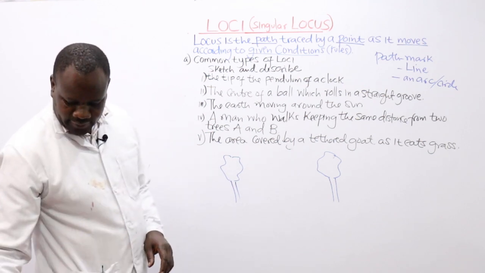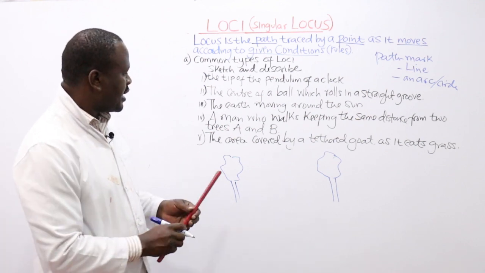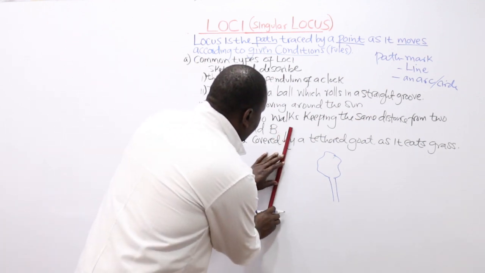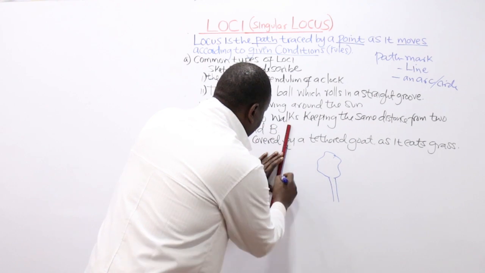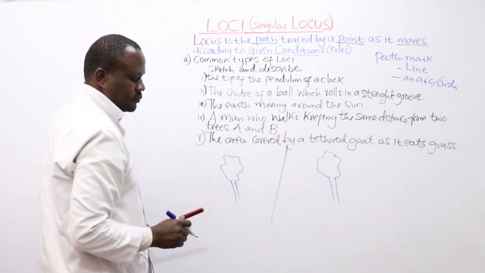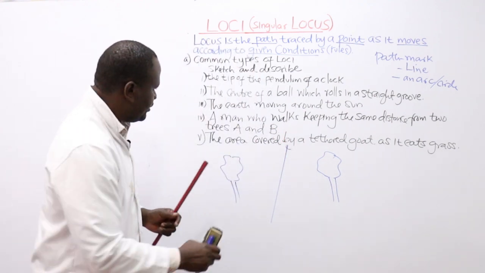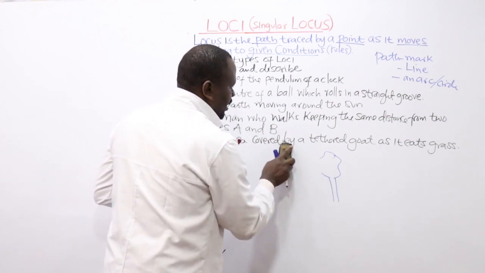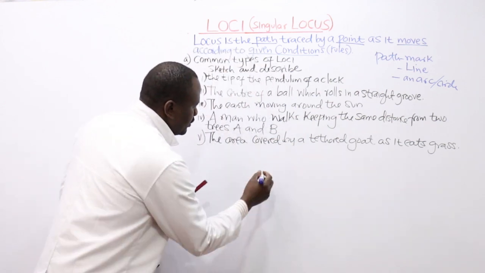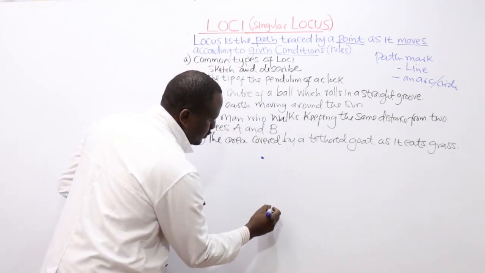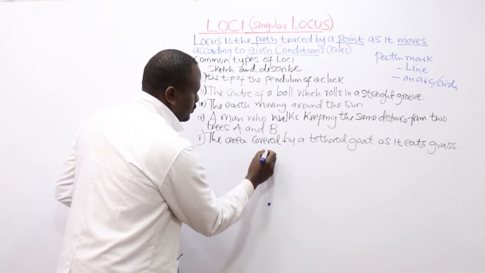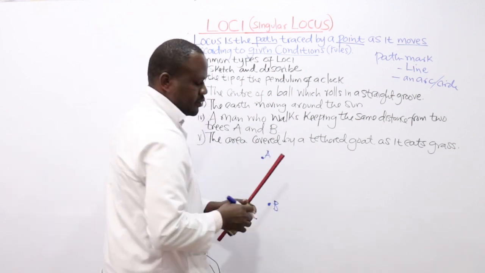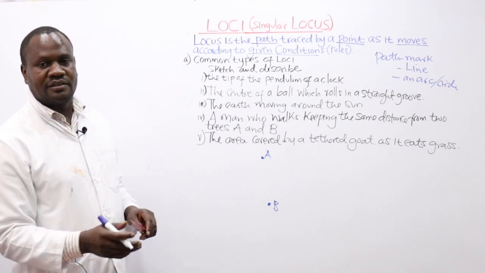Now, the man will move in a straight line in between the 2 trees. Let me draw the trees as points A and B in 2 dimensions.